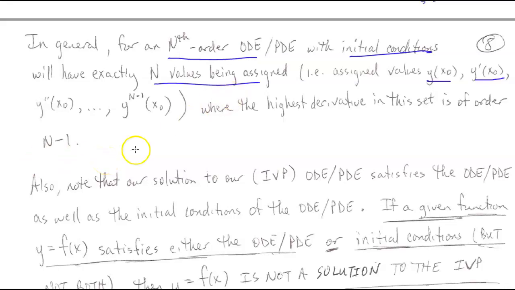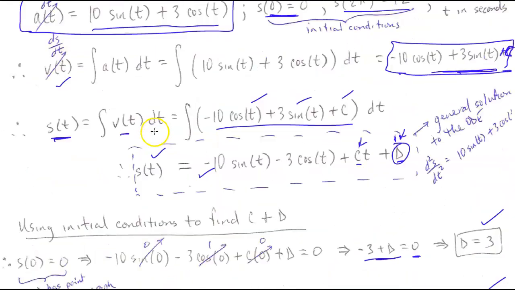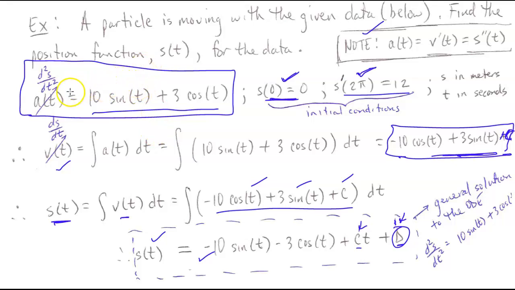So if we go back to our problem here, notice that the second derivative of position was equal to 10 sine t plus 3 cosine t, and notice that we had everything up to the first derivative in initial conditions.